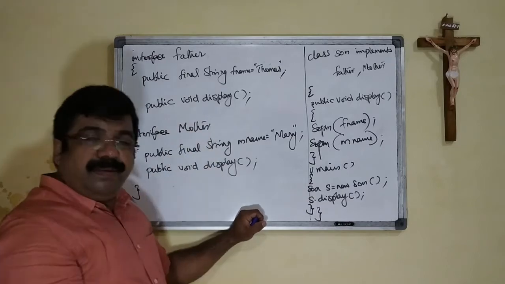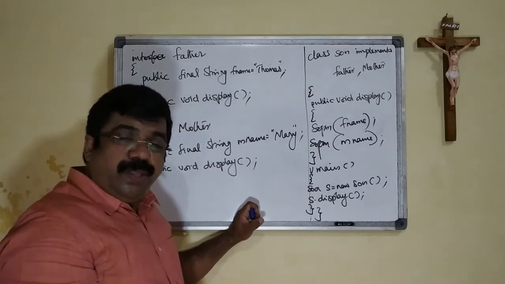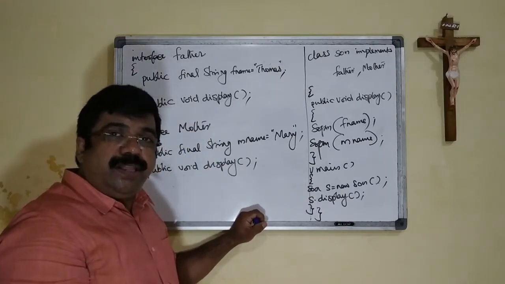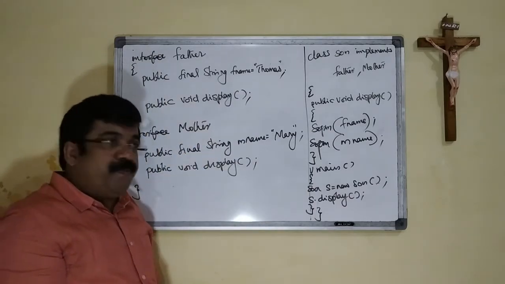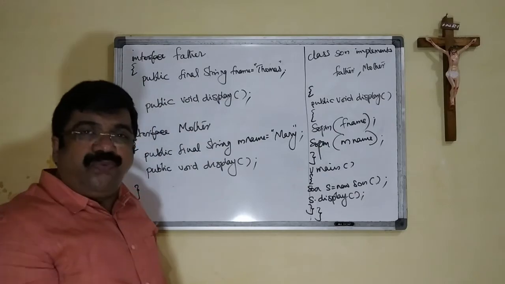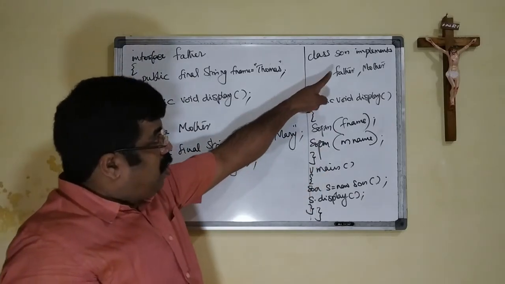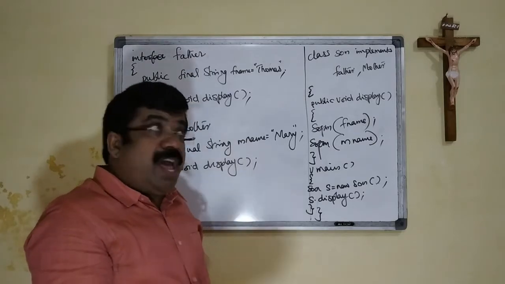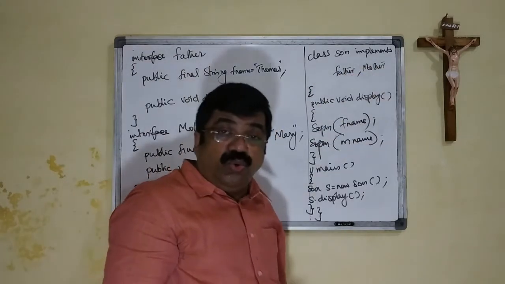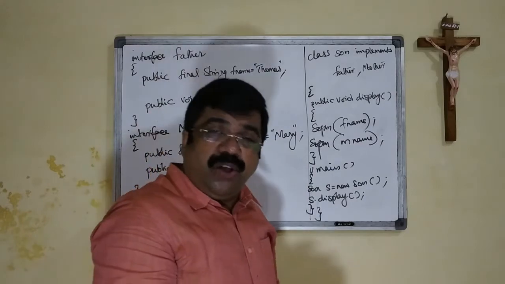Once again you see, the interfaces can have only the constants as well as abstract methods. The keyword used is interface. Interfaces are implemented. We can have more than two interfaces.